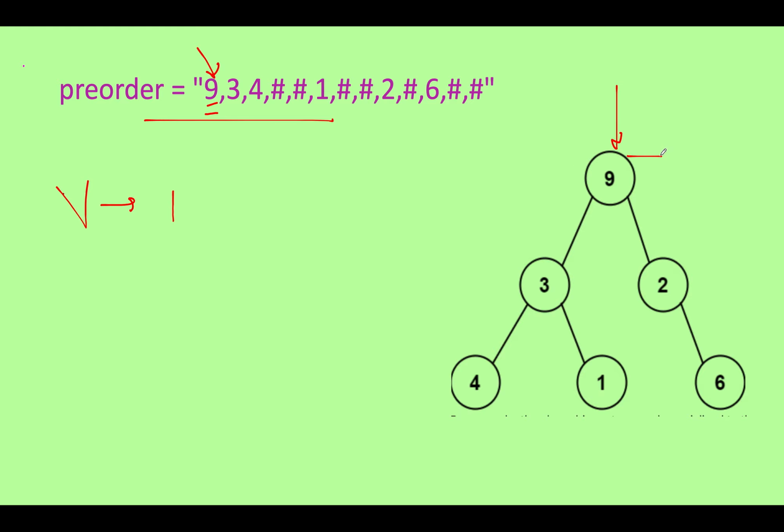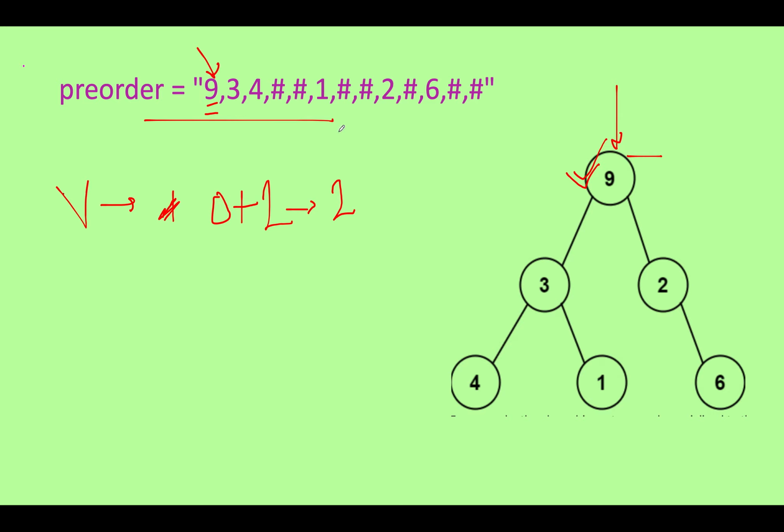This is the root of the tree, and we want to make sure that we have visited this node. Once we have visited this node, we will reduce the vacancy to 0 since we have visited. And how much new vacancy is this node creating in the system? Since it's a non-null value, it will create 2 more vacancies. So the updated vacancy is 2.